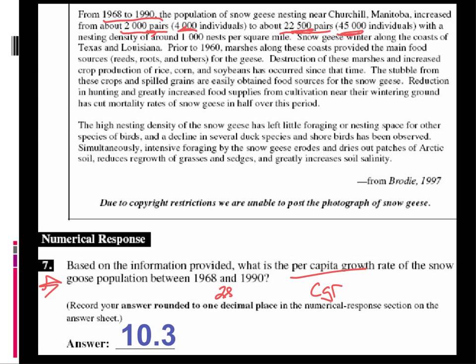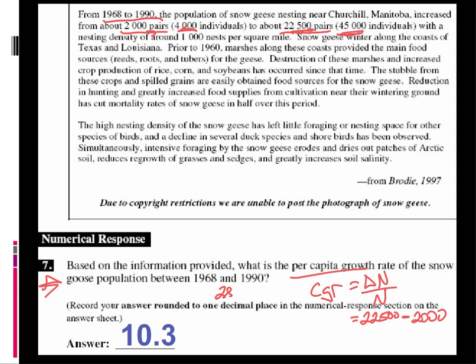First thing we have to do: what is our CGR formula? Well, CGR equals the change in N over N. So what is our change in N? If we stick with the pairs, we had 22,500 pairs, and we started with 2,000 pairs.